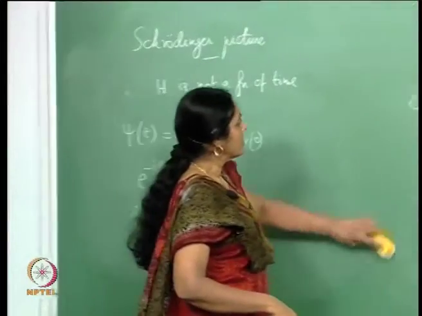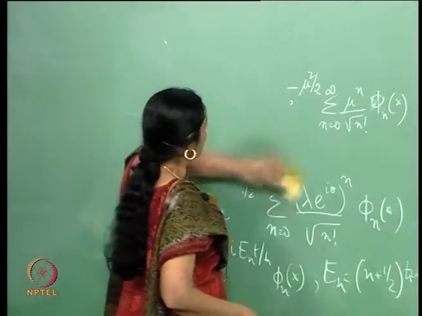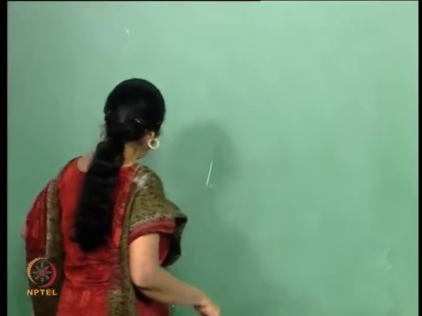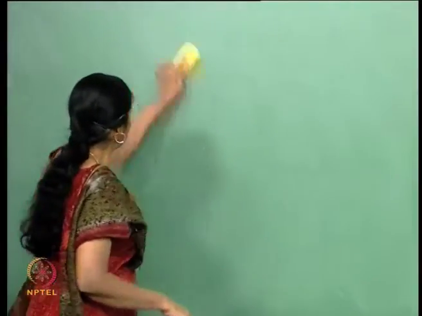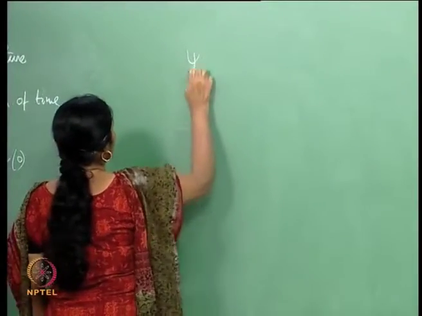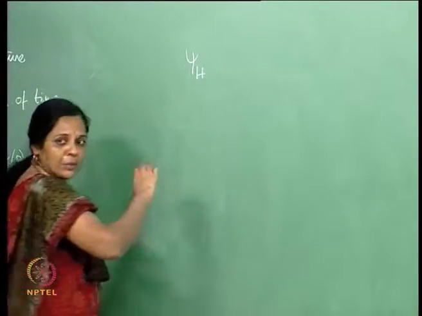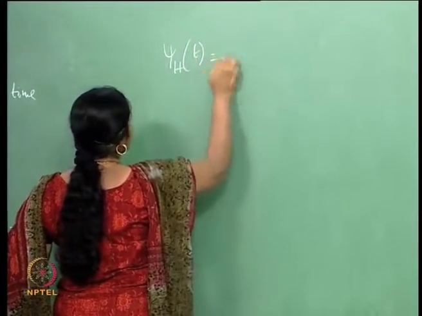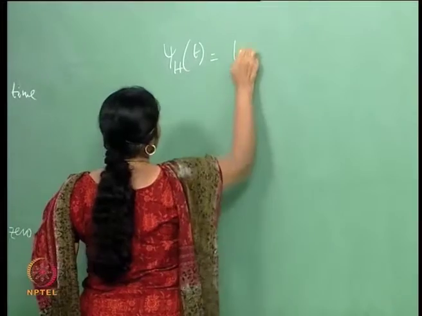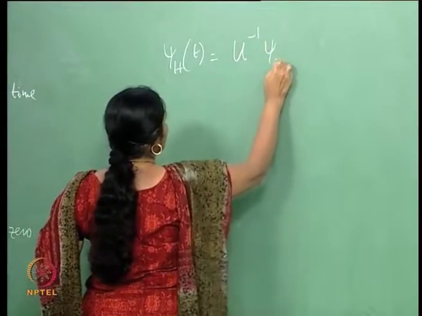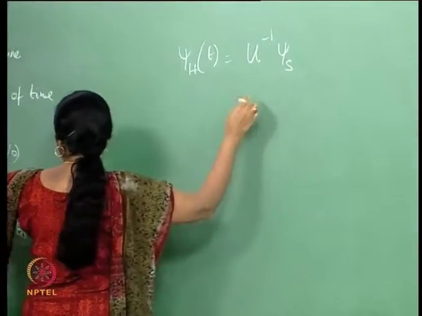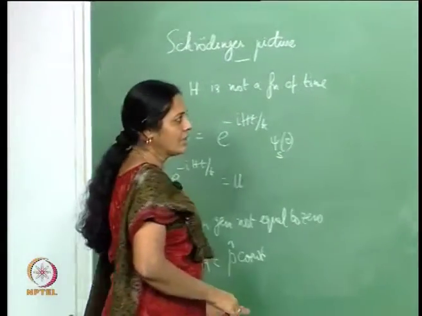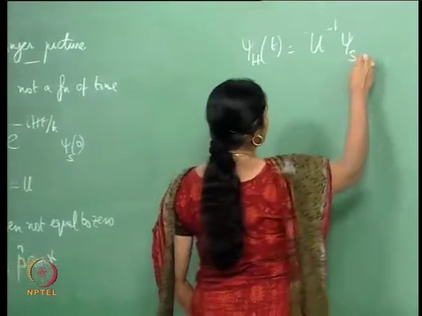Now, having said that, suppose I consider an alternative picture where I do the following. I say that in the Heisenberg picture, which is the other picture that I will consider, psi H at any instant of time is U inverse psi Schrodinger, which is what I was considering here. So, let us put psi S of 0, psi S of t to show that we are in the Schrodinger picture.